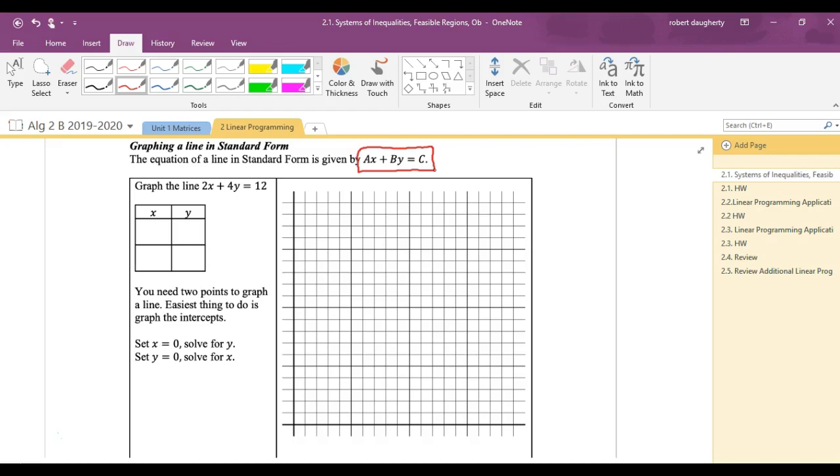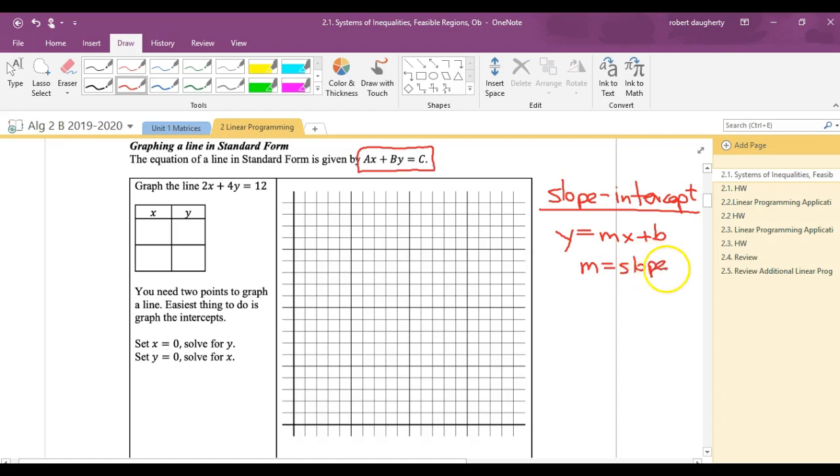Let's talk about another form. There's another form you knew for a line that's called slope-intercept. What is slope-intercept form? Y equals mx plus b. We're not going to reteach this, so this is stuff that you should know. Slope-intercept form tells me the slope of this line is what? M. What is b?